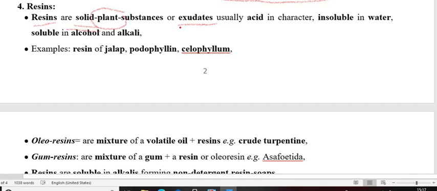Resins are insoluble in water and acidic in character, insoluble in water and soluble in alcohol and alkali, and usually solid in nature.